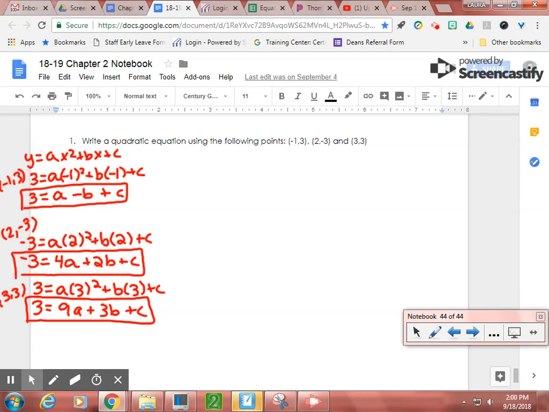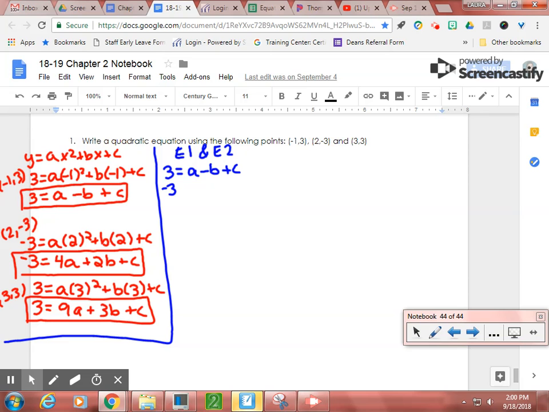Okay, so the next thing that we want to do is decide which ones we want to use for elimination. I used equation 1 and equation 2. So what I have is 3 equals a minus b plus c. And then I have -3 equals 4a plus 2b plus c. So what I want to do is I want to eliminate the c value on this.